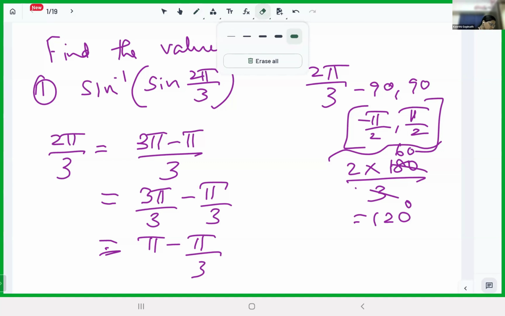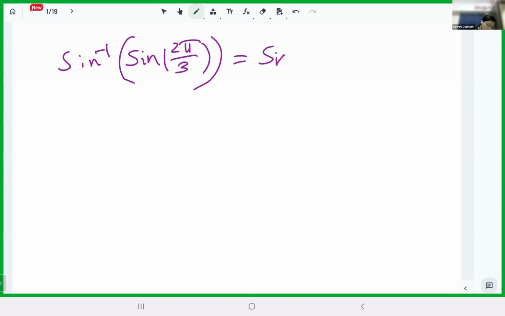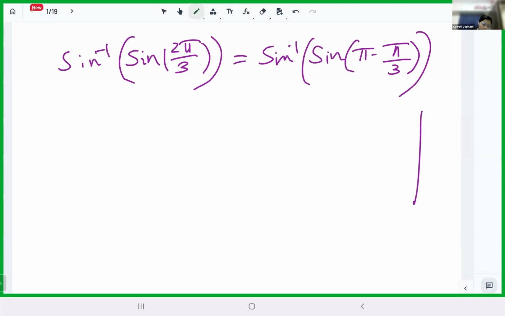So in the question, it was sine inverse of sine 2 pi by 3. Now we have split this as sine inverse of sine of pi minus pi by 3. Here you can see that pi minus pi by 3 is in the second quadrant, and in the second quadrant sine is positive.